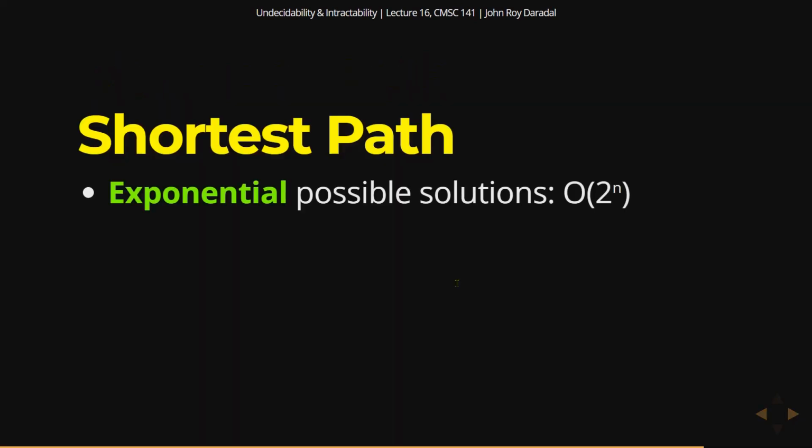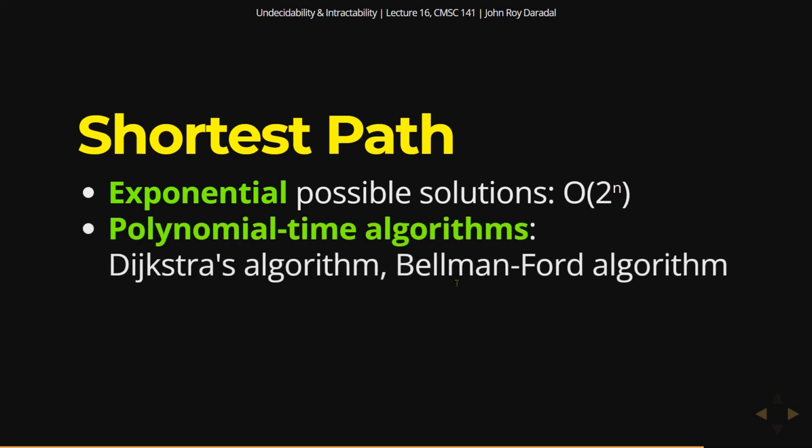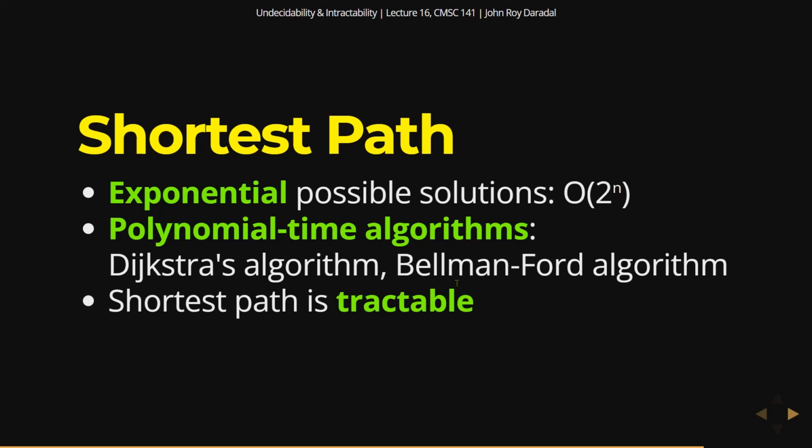However, even if there are an exponential number of possible solutions, there are polynomial time algorithms, like we've seen Dijkstra's algorithm, Bellman-Ford algorithm, and other shortest path algorithms in ComSci 142. So it's not the case that if you have an exponential number of possible solutions, it's automatically intractable, because there could exist a polynomial time algorithm for it. Okay? So the shortest path problem is tractable.